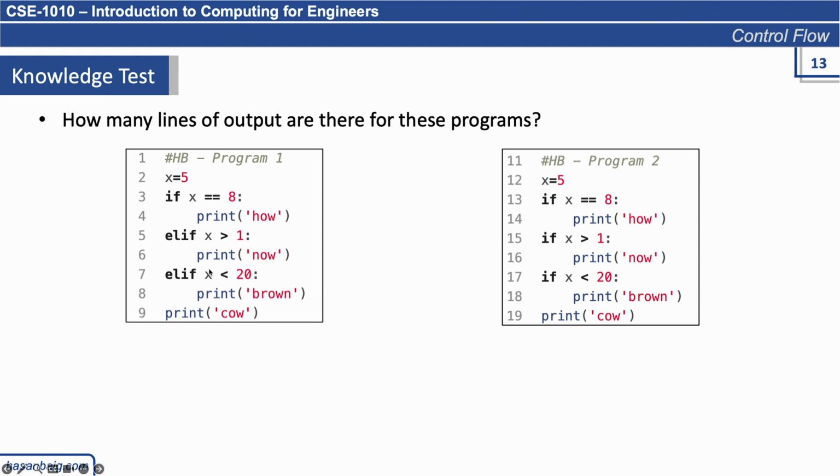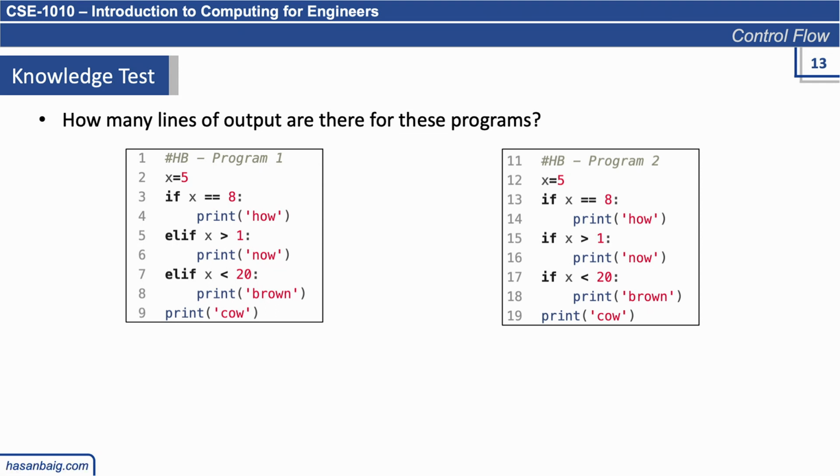Okay. What about this? X is less than 20. Will this condition be satisfied, and is it going to be executed? Now I mentioned that any one of the branches or any one piece of code is executed.